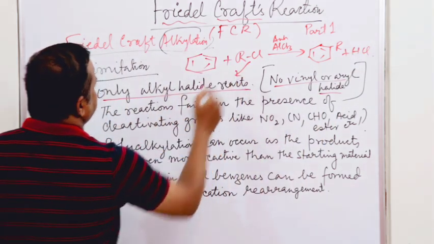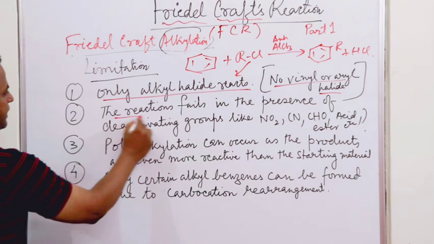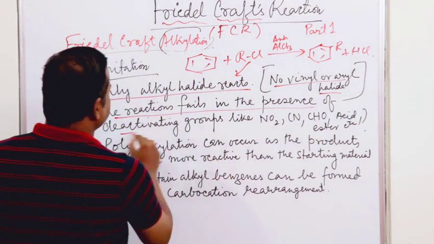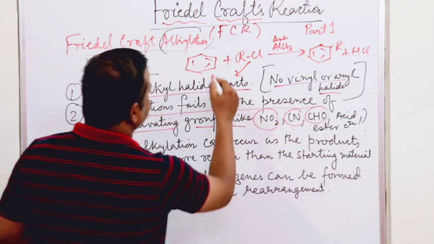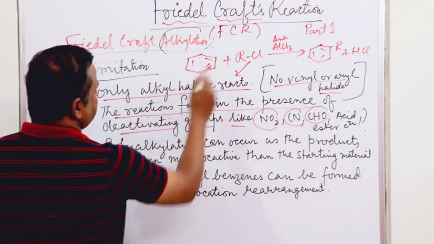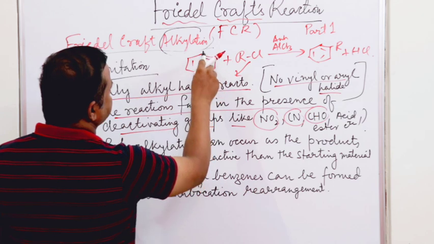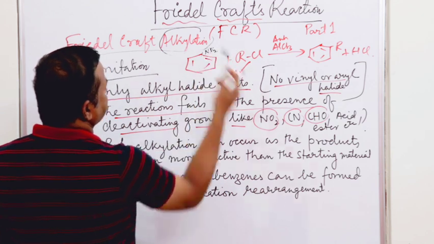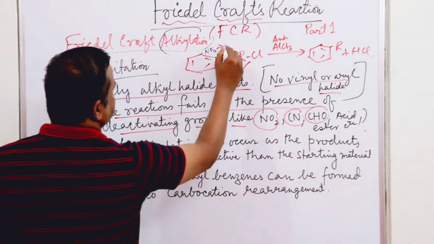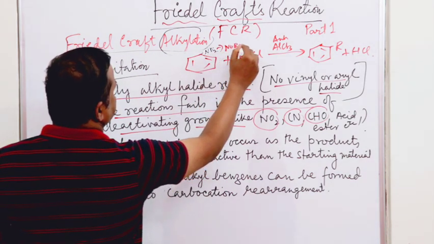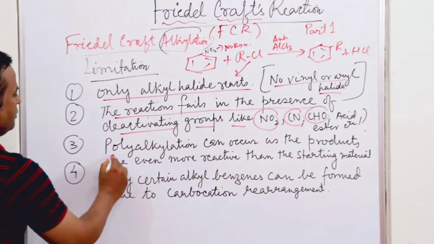So here only alkyl halide. The reaction fails in the presence of deactivating groups like NO2, CN, CHO. If there is, say, an NO2 group here, it will not react, no reaction, because this is deactivating in nature.